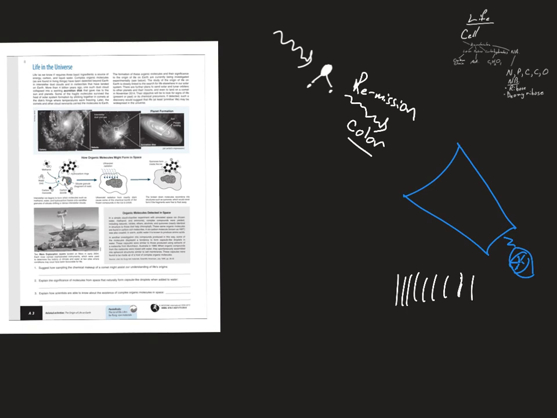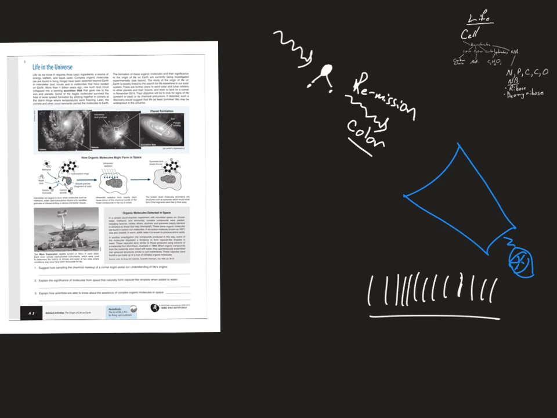And each molecule, each element has its own pattern. And we can test that because we can look at those patterns here on Earth. We can look at these molecules by shining a specific frequency of light into a sample of that molecule and look at the pattern that we see and identify it.